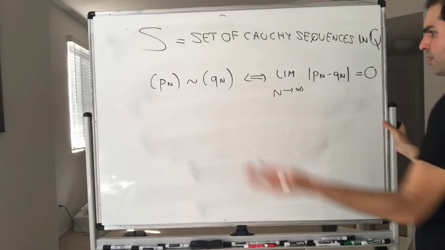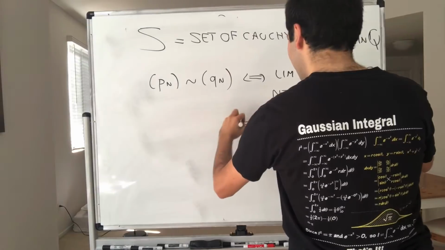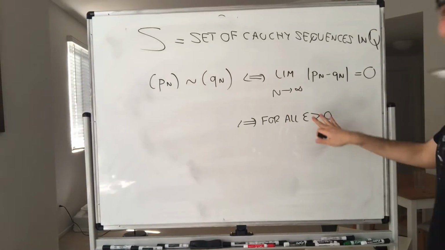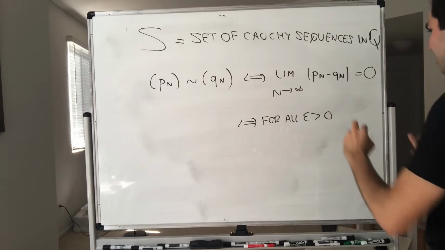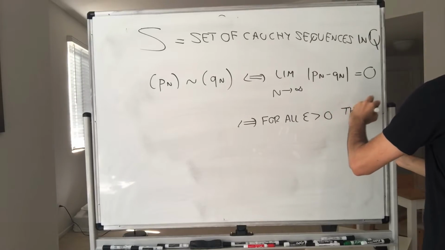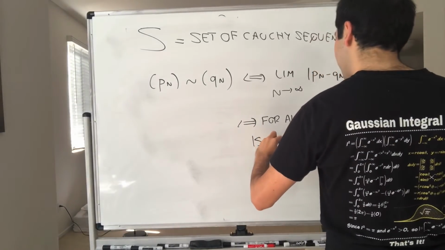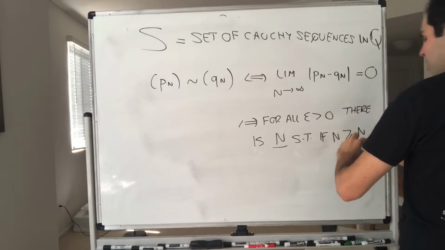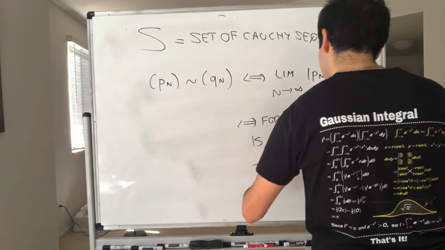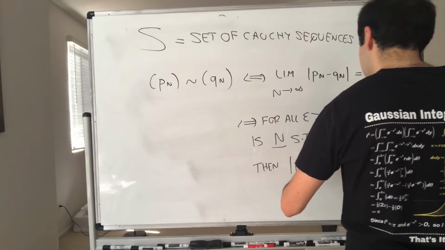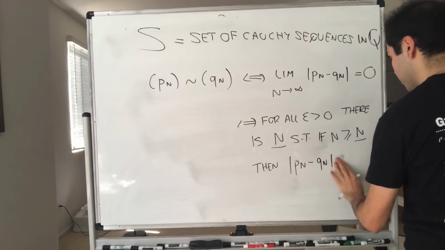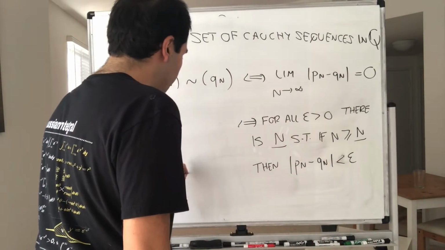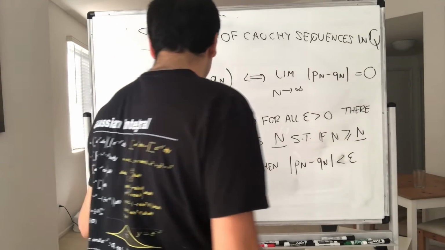And formally, it means for all epsilon, in this case, remember, we don't know what real numbers are, so rational epsilon, there is capital N, such that if n is greater or equal to capital N, then |P_n - Q_n| is less than epsilon. So again, all this means is P_n and Q_n get closer and closer together.